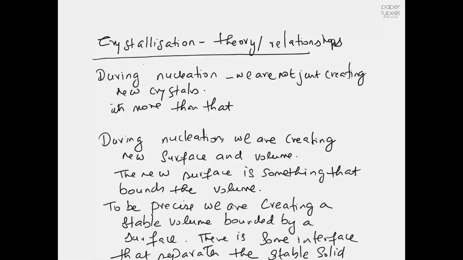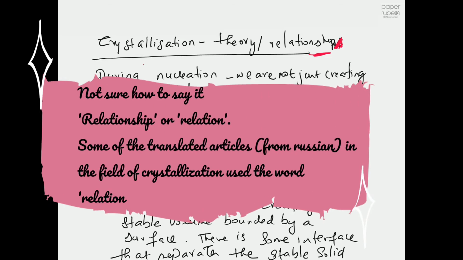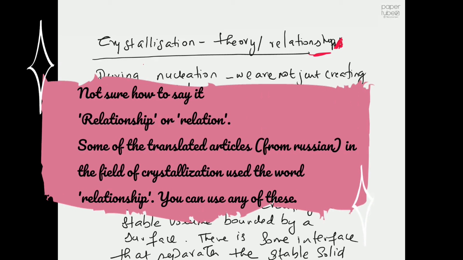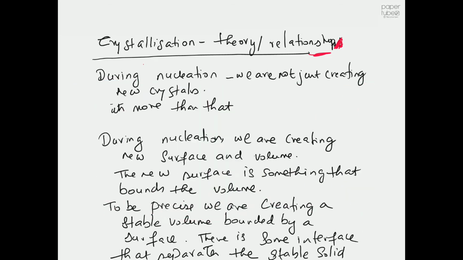In this lecture, I'm going to show you a very important theory in the field of crystallization. It's called the classical nucleation theory. And then we will also see some relationships. In fact, we're going to see only one relationship that connects something that you can measure in the lab, for example supersaturation, with some parameter which we cannot see with our naked eye.